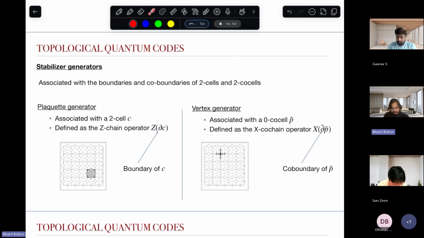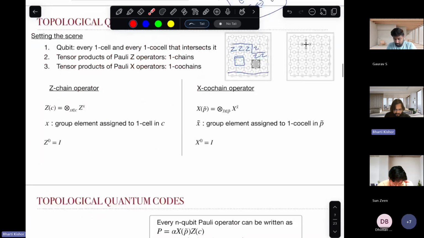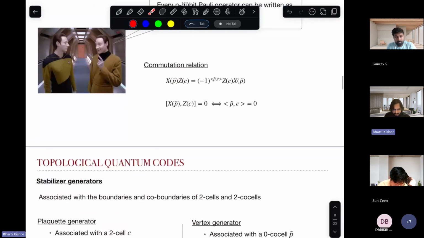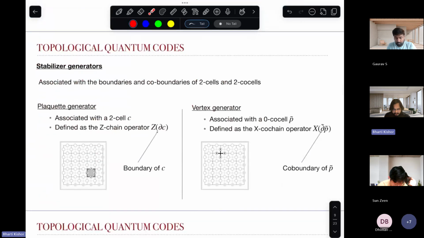So let's say you take some two cell, which is here, and then you take the Z chain operator, which is boundary of C. So you start with a two cell, look at its boundary, which will be a one cell, and the corresponding Z operator that you write, according to the way we defined here, gives you the plaquette generator.